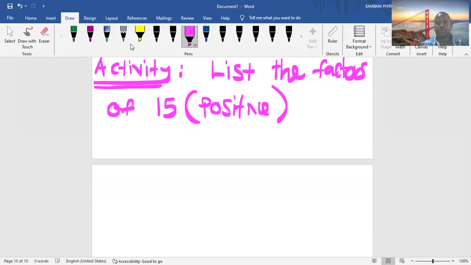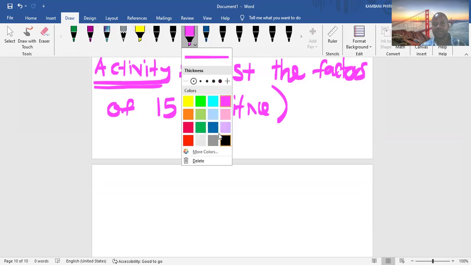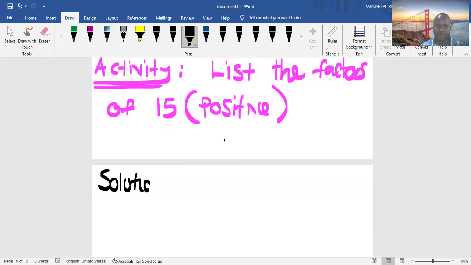So, are you able to give it a try? You can pause, give it a try. Let's see what you're going to get. Compare with what I'll put up. What are the factors of 15? I'll say activity 1.